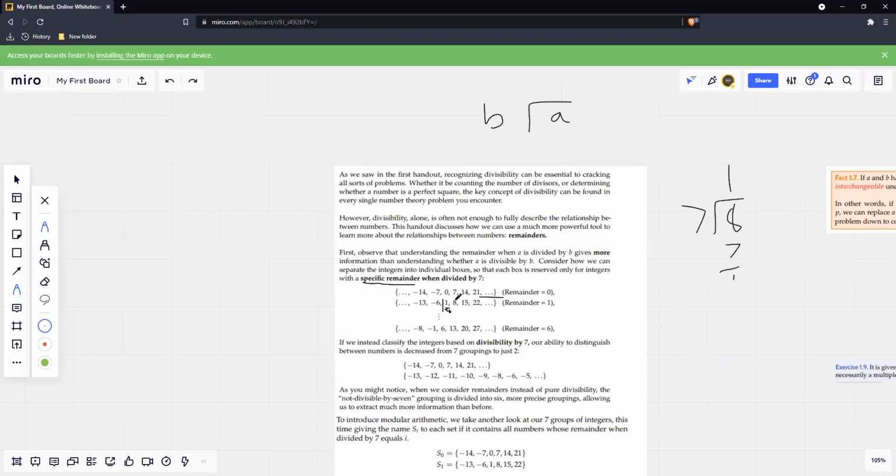So basically what I think of is that when we have to find the remainder of a negative number, I first find the closest number that's divisible by 7, aka has a remainder of 0, and then I see how much we need to add to get to the other number, and since we add 1, the remainder is 1. Same thing for this, we add 1, the remainder becomes 1, and then we keep on doing it for the remainder equals 2, 3, 4, 5, and here's 6, for example.